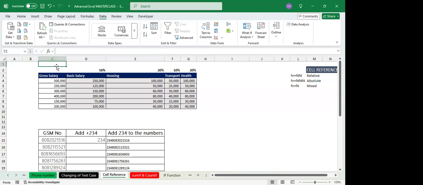Now, when you are locking, the symbol in Excel that represents referencing or locking is the dollar sign. So you now try to note the positioning of that dollar sign. If you look at this particular D2, which is D2, 50%, you see that the dollar sign is behind the number.